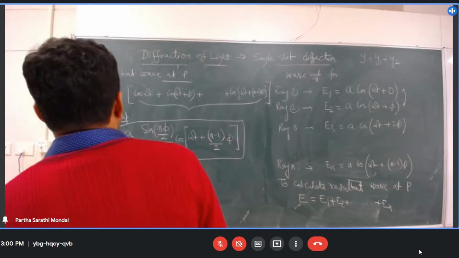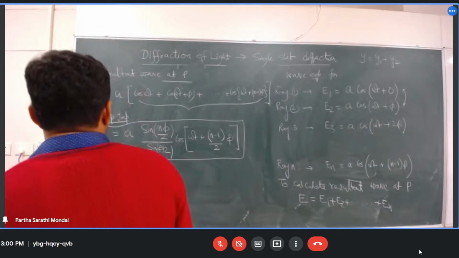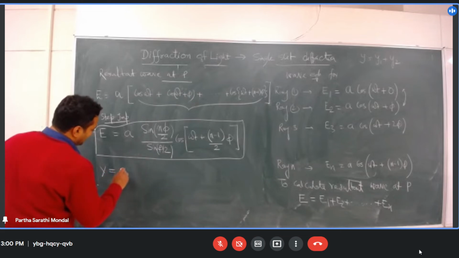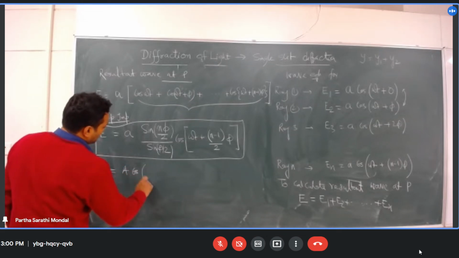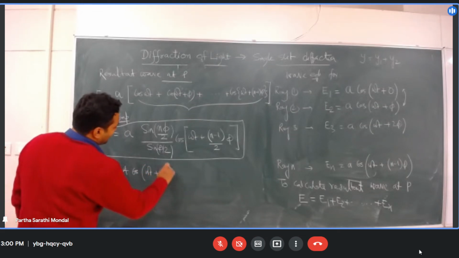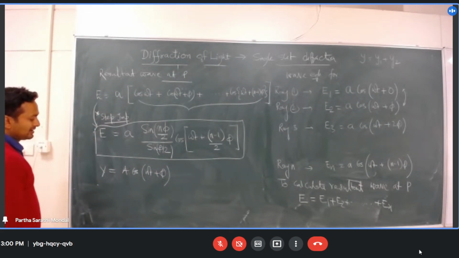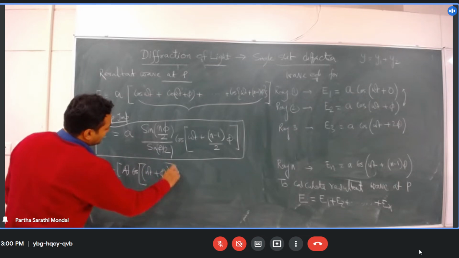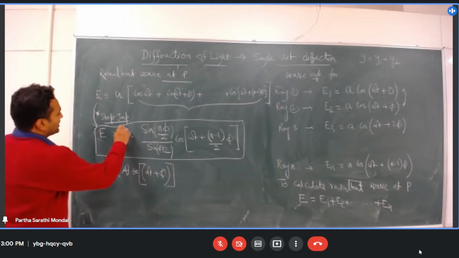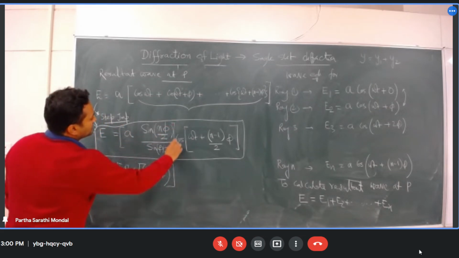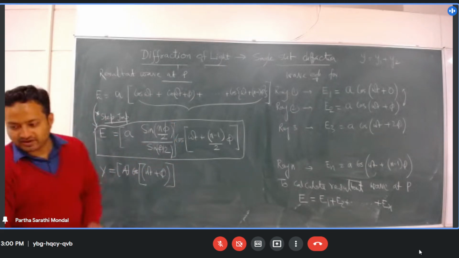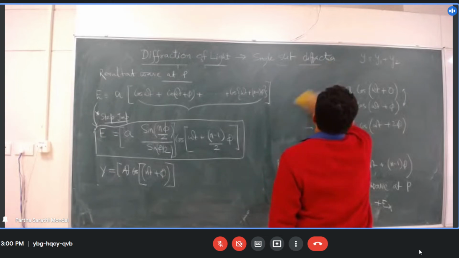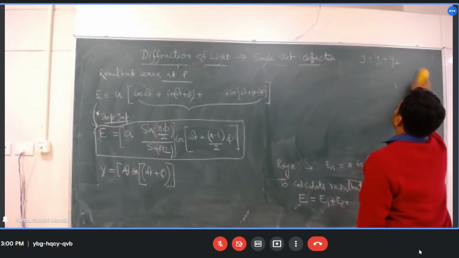Because we need to find out the intensity at P. So if I compare this equation, how do we write it? A cos(ωt + φ), this is your normal wave equation. So this is the amplitude and this is the phase. Now, what is the amplitude of the resultant wave at P? This is the amplitude. So if I know the amplitude, we can find out the intensity by squaring it.